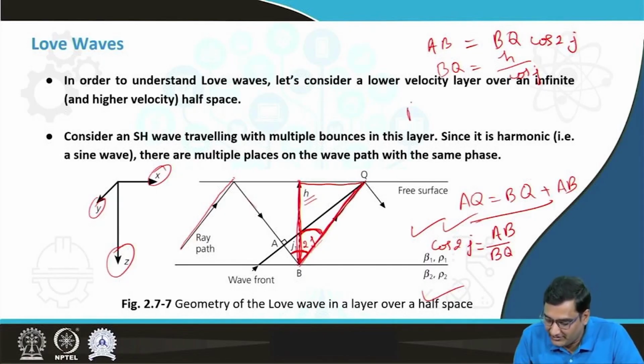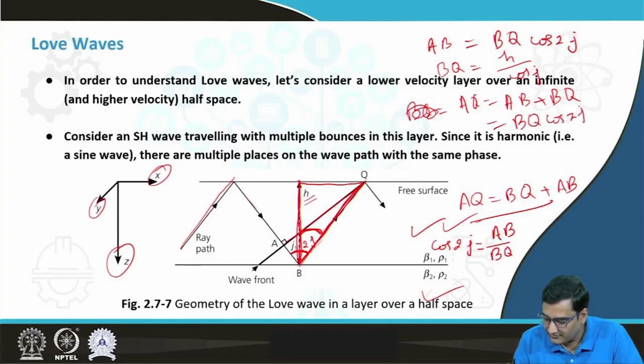If I want to write AQ, that will be AB plus BQ. AB is BQ cos 2J, plus BQ. So if we take BQ common, what you will be left with is 1 plus cos 2J.